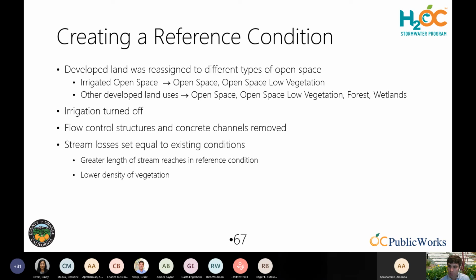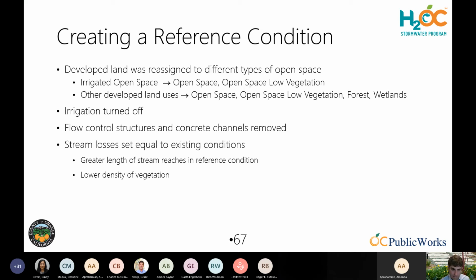Any flow control structures and concrete channels get removed, and we really have no idea what stream losses were in a reference condition that doesn't even have a date versus what they are now. What we do know is that there would have been a lot more stream miles in a reference condition before it was developed, but that the density of the vegetation would likely have been lower due to less augmented flow.